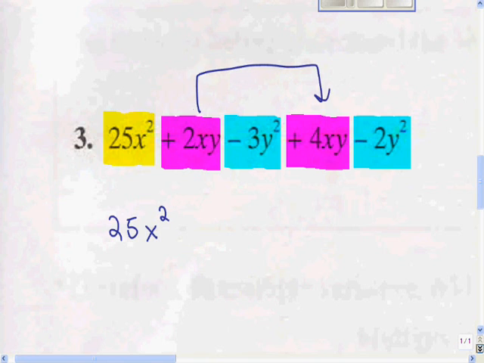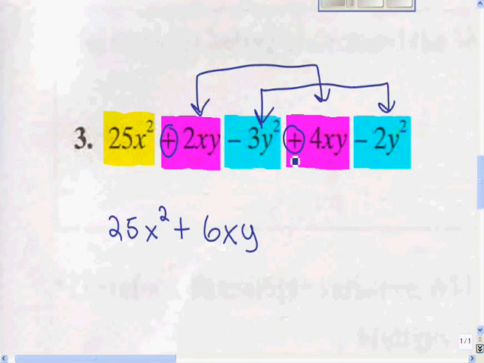Let's see, what am I going to do? Am I going to add or subtract? Well, let's look at the signs. The signs are the same, so I'm going to add. 2xy and 4xy is 6xy. And since they're both positive, I know my answer is going to be positive. Okay? And then here we've got negative 3y squared and negative 2y squared. What am I going to do here? Am I going to add or subtract?